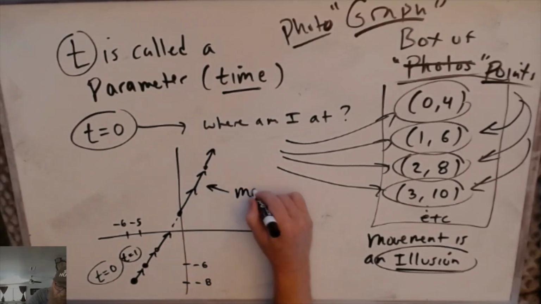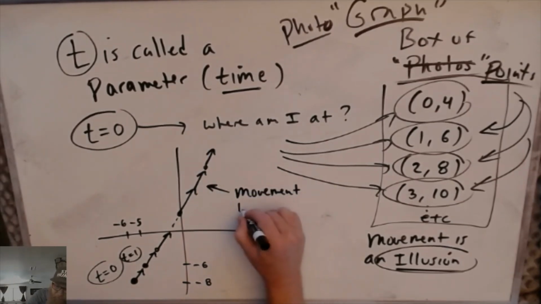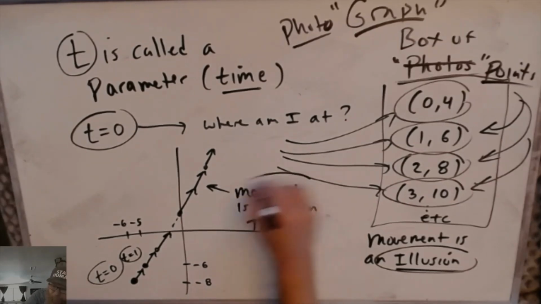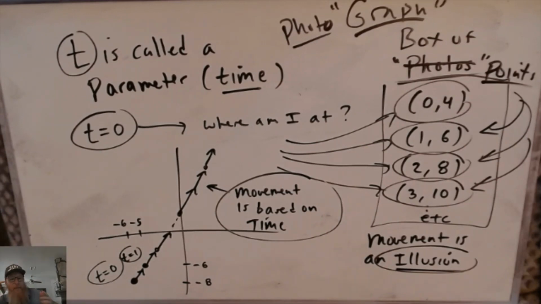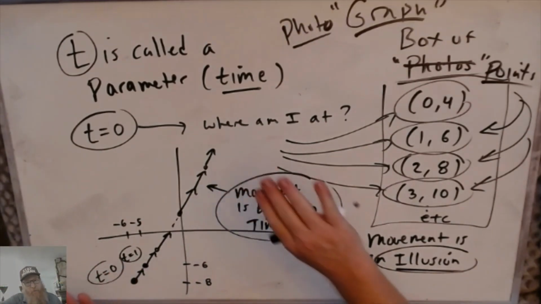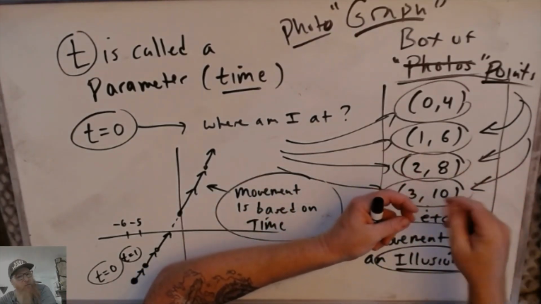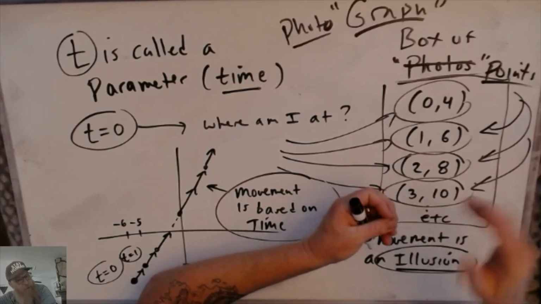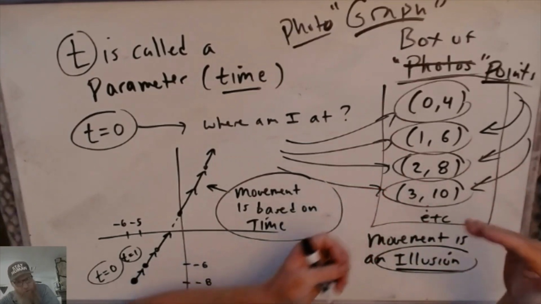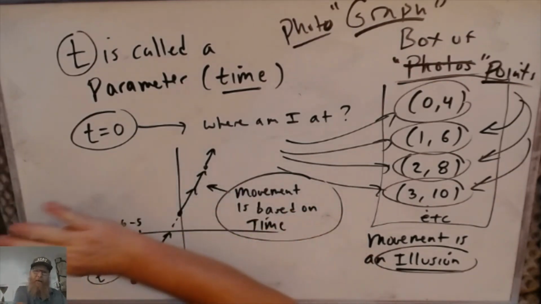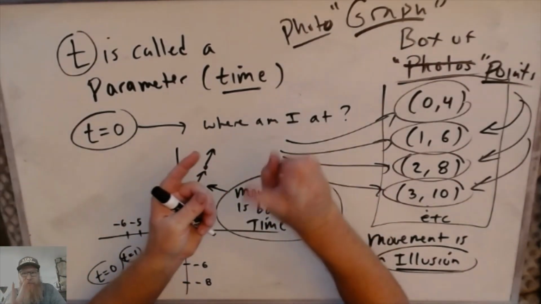And now the movement is based on time. It's less of an imagining it moving, like what you would do with a box of photos. With a box of photos, you just flip through the photos, and your brain connects the photos together and says, I can imagine that I've moved from point A to point B because I can see the photograph.